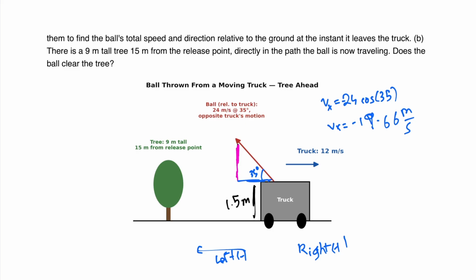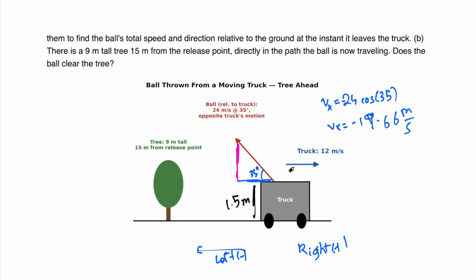But the thing is, you have to remember, this isn't the only velocity x value. There's another velocity x value that we also need to look out for, right? And what velocity is that? That is the velocity of the truck. Because if the truck has velocity, then any object on the truck is going to have velocity as well. Newton's first law, right? Objects in motion stay in motion. If the truck has velocity, that means the balls on top of the truck have that same velocity. So I have to add this, right?